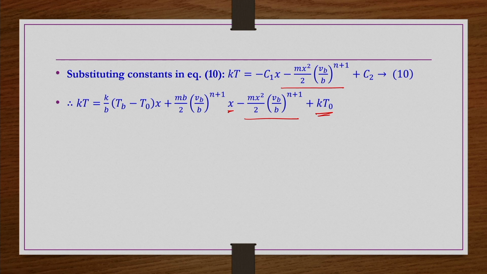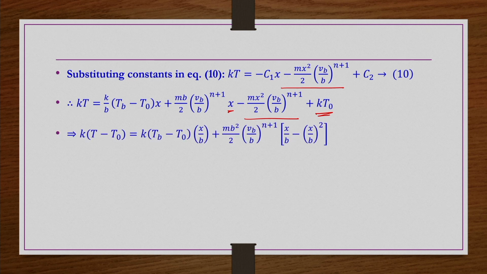Now, this k T naught we take to the left hand side. So, k (T minus T naught) is equal to k (Tb minus T naught) x by b plus m b squared by 2 (Vb/b)^(n+1). What we are doing from these two terms is taking m b squared by 2 (Vb/b)^(n+1) common.